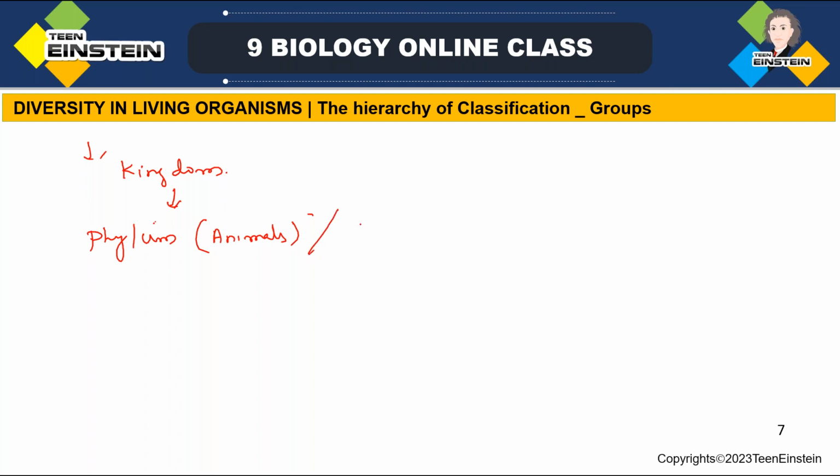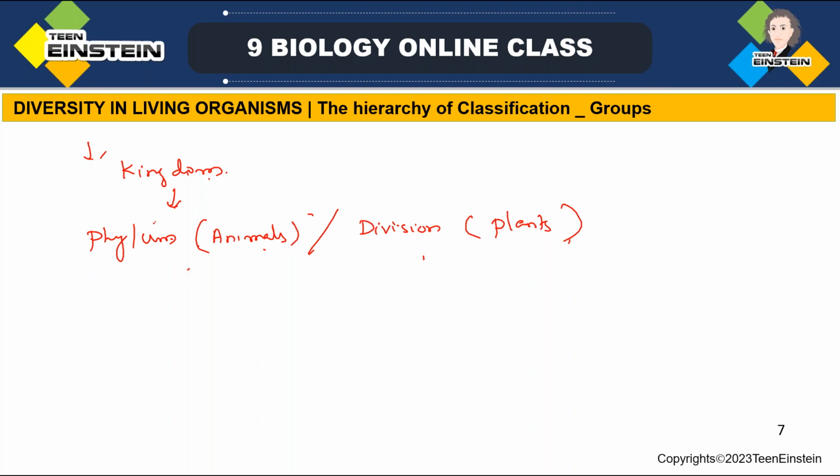While writing about plant classification, we write first kingdom, then division, but in the case of animals, first kingdom, then phylum. So kingdom, phylum or division.